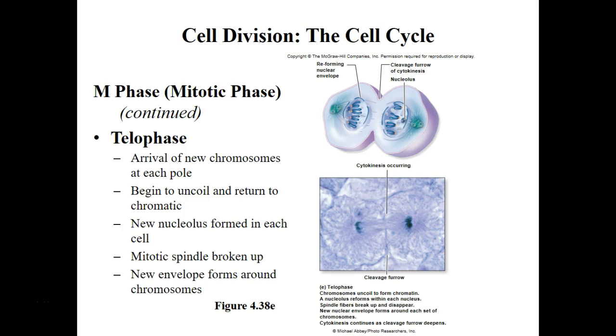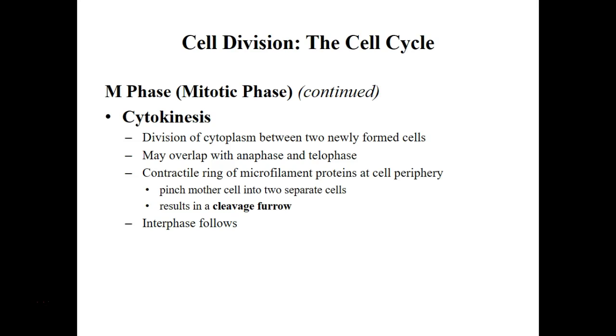And then at the same time, cytokinesis is occurring where we have this protein that's basically squeezing the cell. The protein is known as actin, and it basically squeezes the cell until we produce two separate cells. So that squeezing is known as a cleavage furrow that's formed.